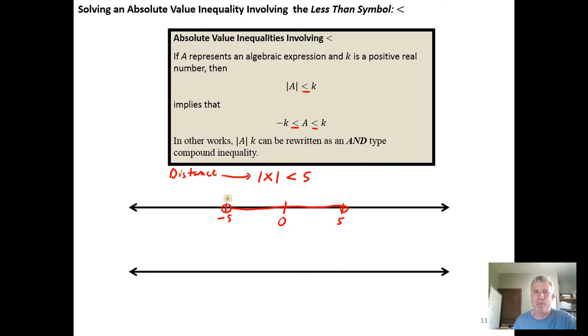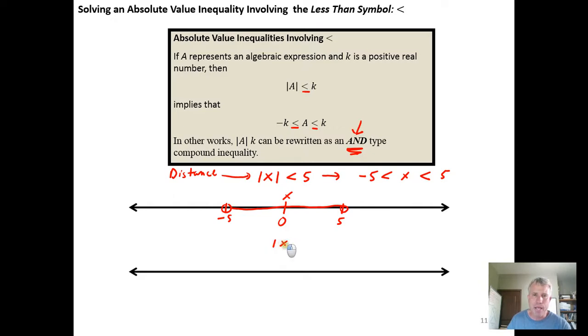So there's where I would have to live on the real number line. And if x has to live between these 2 numbers, I can just say that. I can take this statement and write it in an equivalent form, saying that I have 2 bounding numbers and x needs to be between them. x needs to be greater than -5 and at the same time less than 5. I have to meet both criteria, which is why it's an and style of a statement.